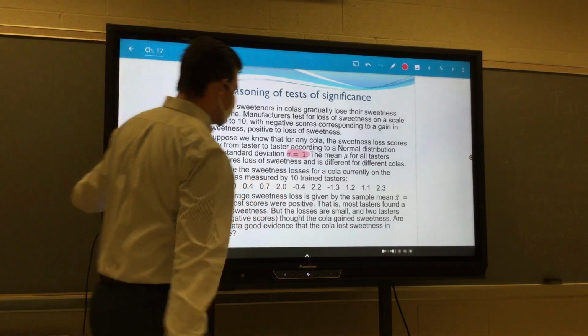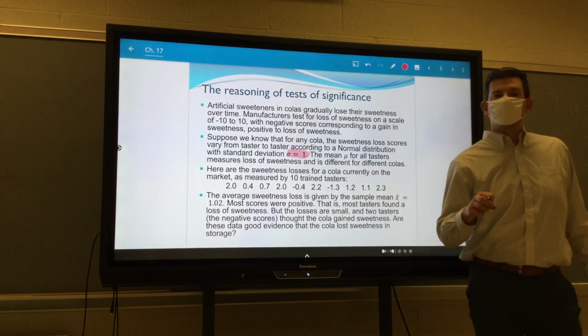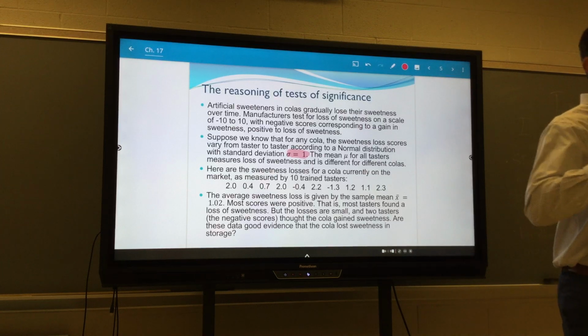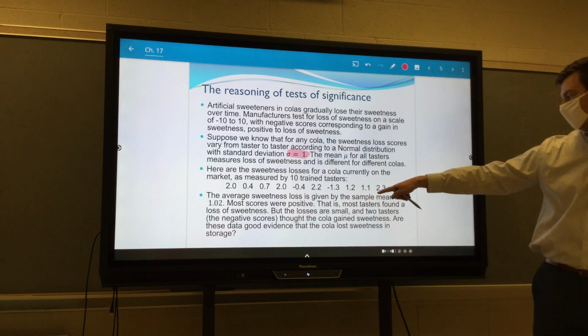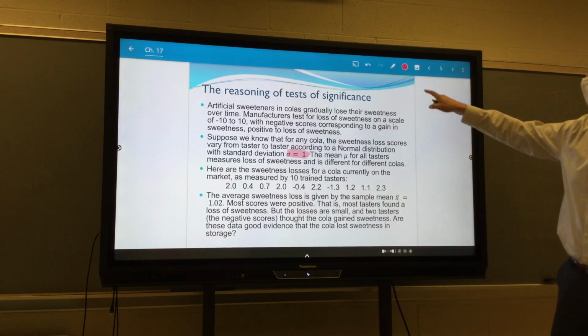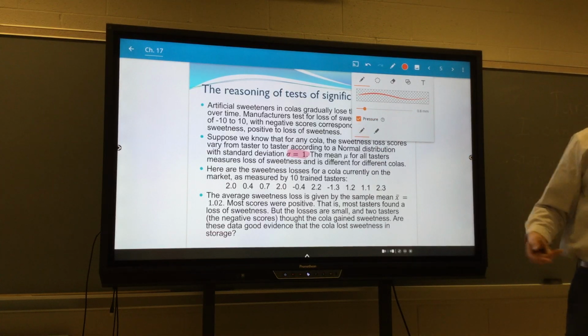We can see that most of these scores are positive, which means that most of these participants detect a loss in sweetness. There are a couple people, though, -0.4, -1.3, who actually detected an increase in sweetness.